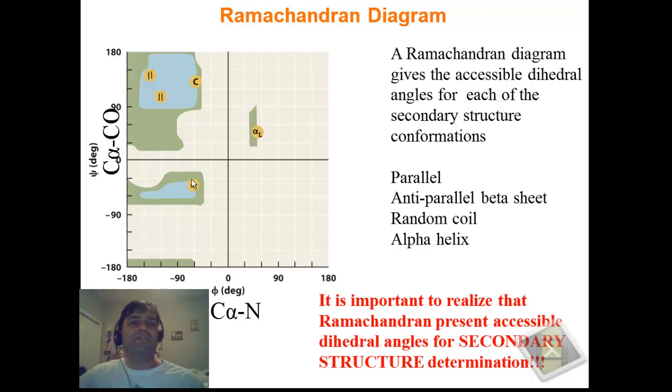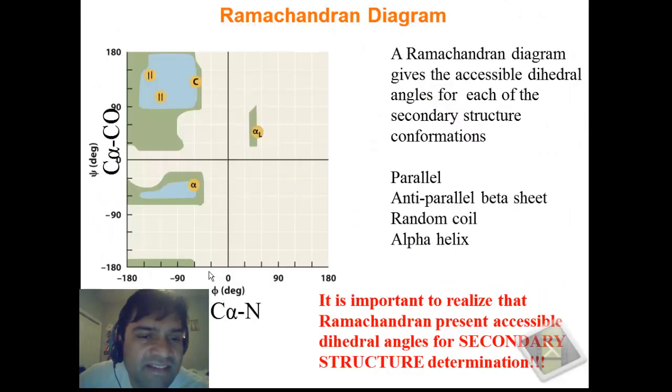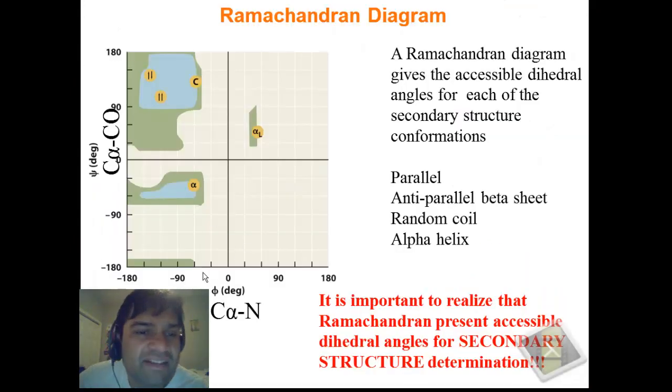So let's take a look at our fourth and fifth dihedral angles. -67, -43 is more in the blue region. -81, -51. -81 is close to -90, and -51 would be around here. So you see here that that stretch of amino acids, those 5 or 6 amino acids, would be alpha helical.